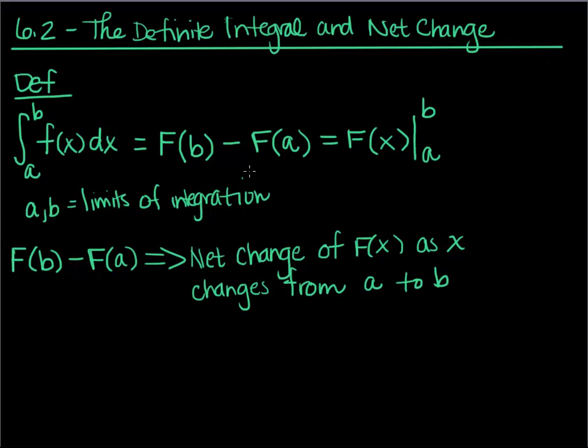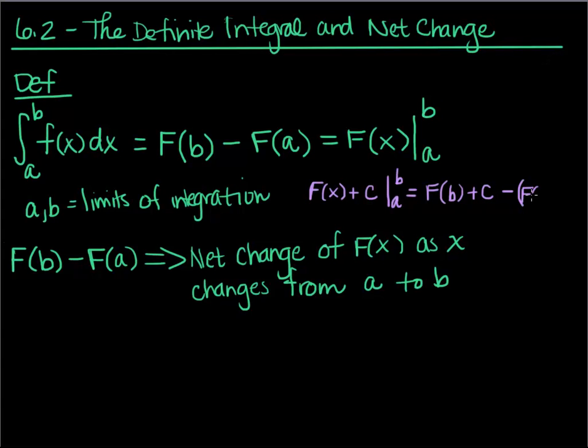You might be asking yourself, well, hey guys, what happened to the c, right? Now, we could have put in c here. If I had done F of x plus c, some constant, because remember we can use any antiderivative, look at what would happen if I plug b into this. That c is a constant, so the c just stays. And now I'm going to subtract the a plugged in.